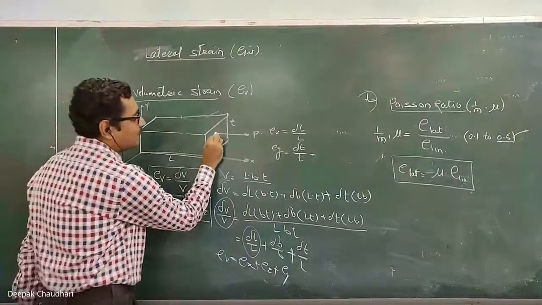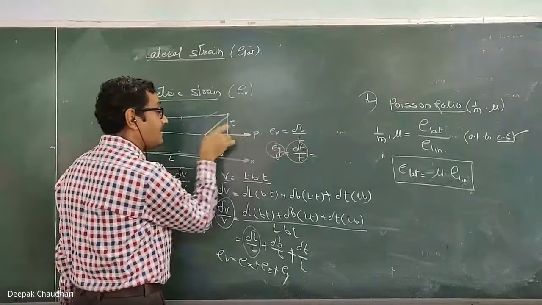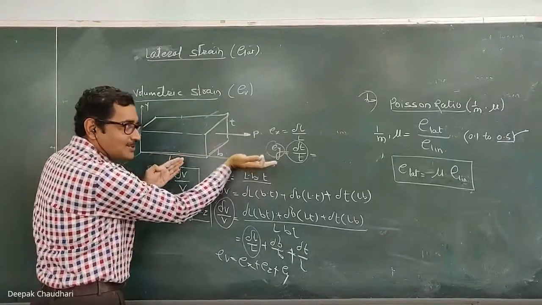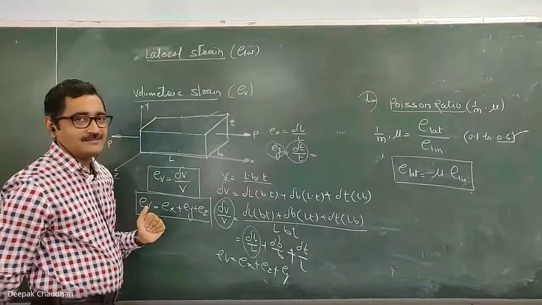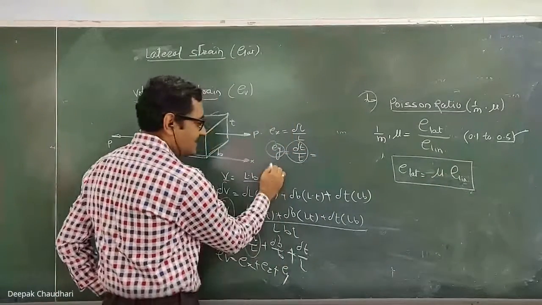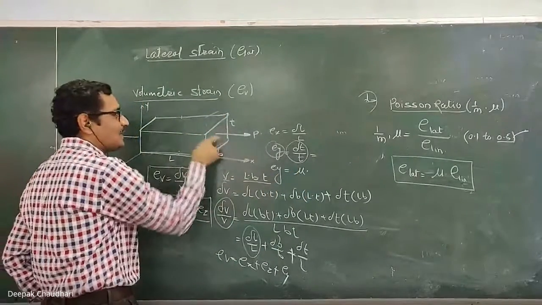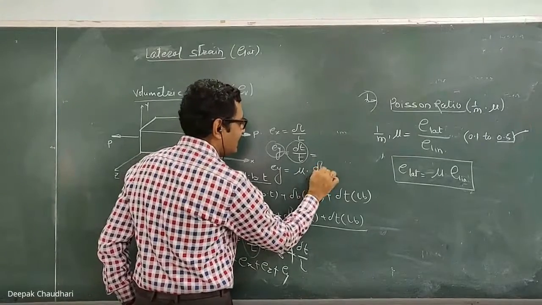With respect to this force P, delta T upon T, the strain in y direction, becomes the lateral strain. The force is acting in the x direction, so the strain in y direction becomes the lateral strain. And this lateral strain can be written as mu into linear strain. Here I can write EY equal to mu into, for this case, what is the linear strain? Here it is EX, or delta L upon L.